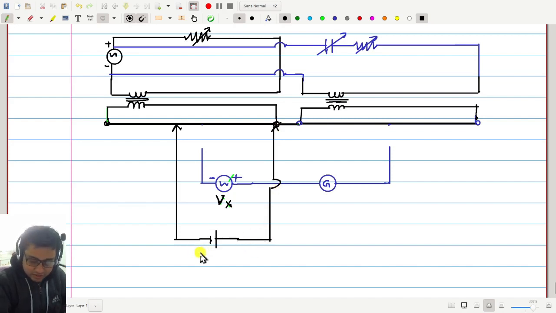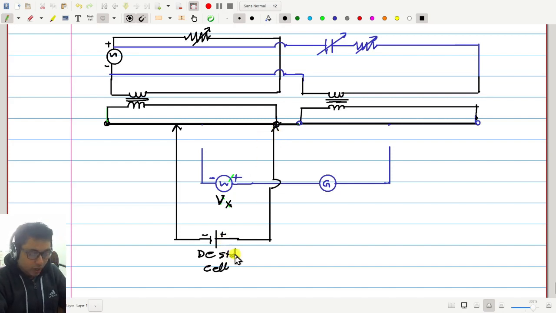This is the standard DC cell with voltage 1.08 or something like that. Now first you decide what is the constant you want.